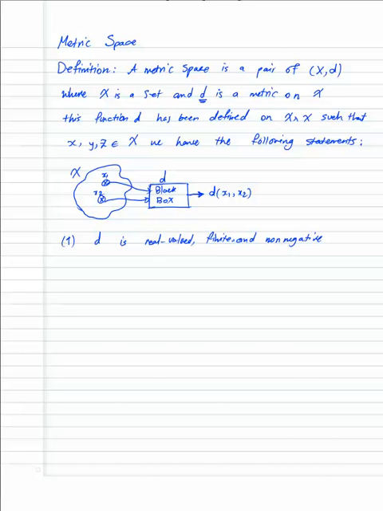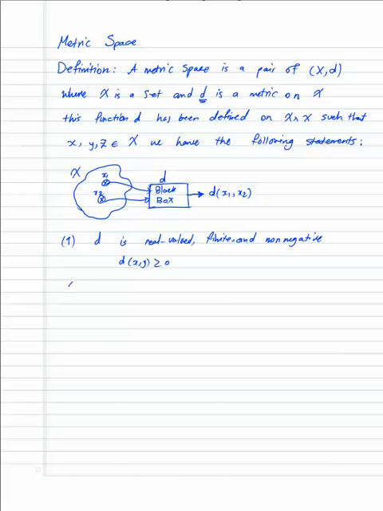This statement is simple. It should be real valued, not complex, it is finite, meaning it cannot be infinity, and it is non-negative, so for any x and y belonging to X, d(x,y) should be greater than or equal to 0.